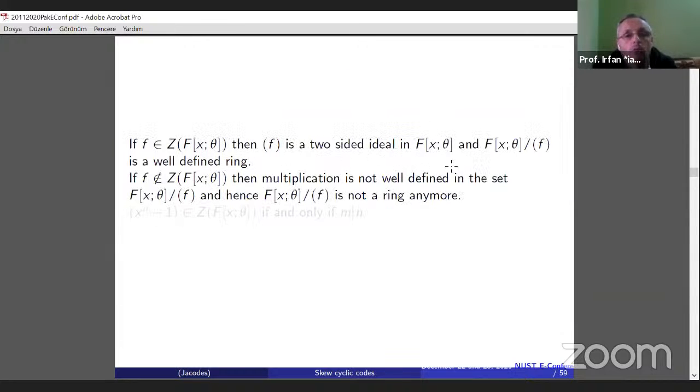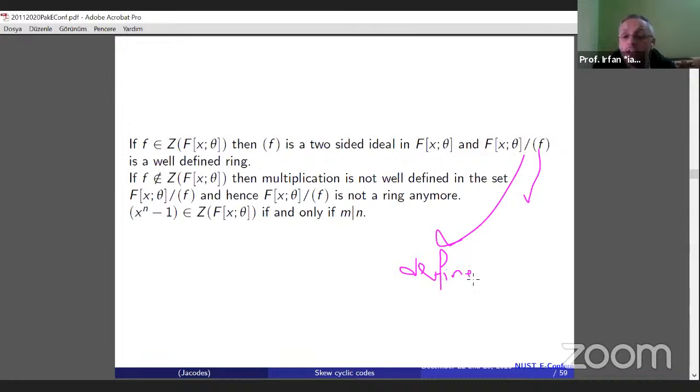Okay, and our interest will be in the quotient ring over this skew polynomial ring. And specifically, in order for this quotient to be defined, that is important: you can't just go ahead in the non-commutative case, pick any ideal and put it there. It has to be two-sided.